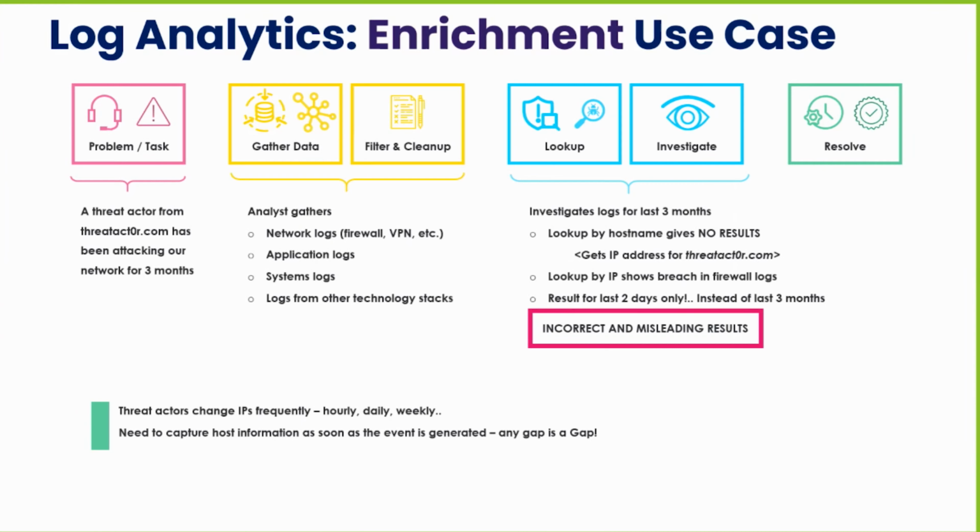However, the analyst cannot triage correctly if he does not have the needed context information, as searching the logs by a vulnerable host name is not possible if the logs contain IP addresses and no host names. It becomes almost impossible to reconstruct a situation for volatile and dynamically changing data, which may change in days, hours, or weeks. And all this will lead to incorrect and misleading results.